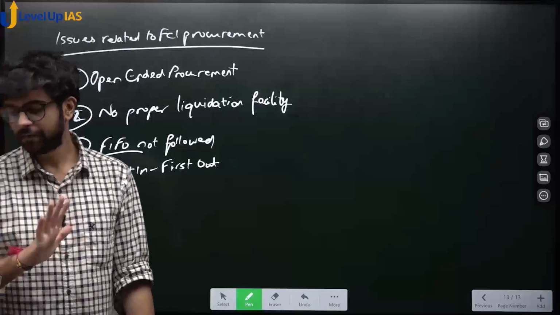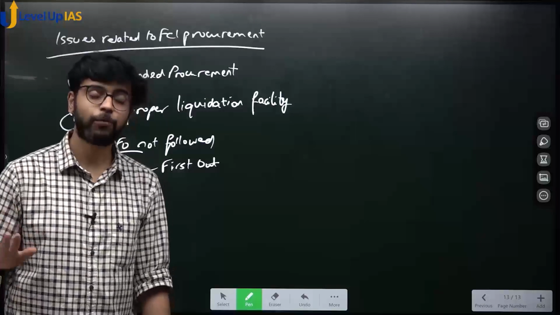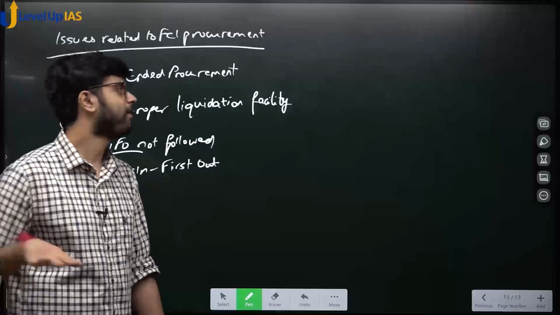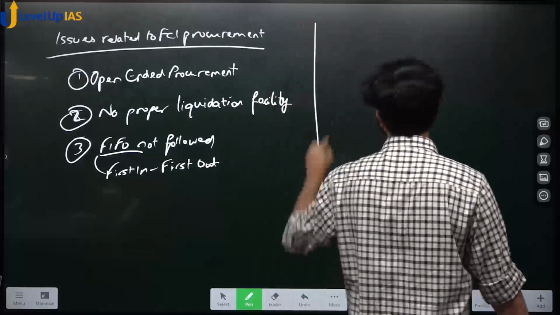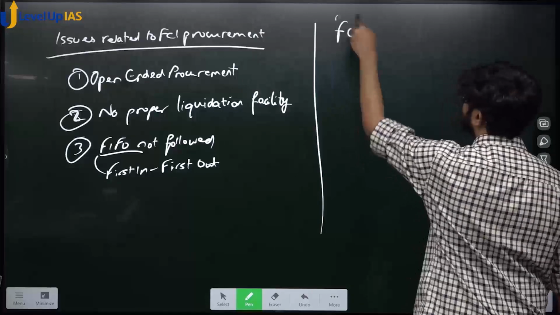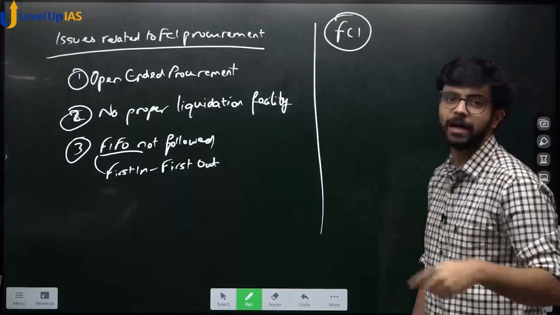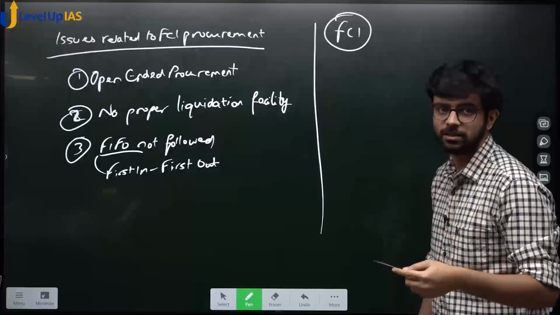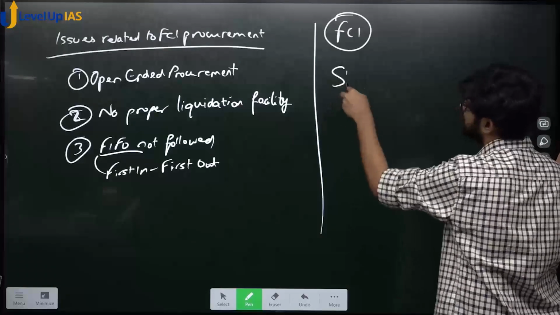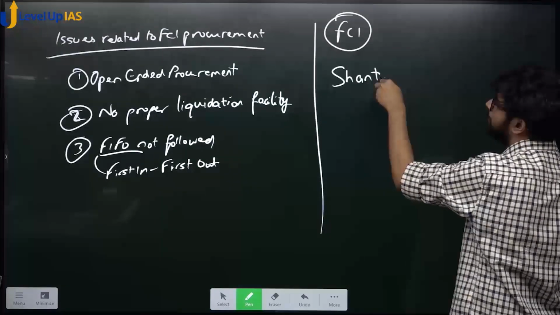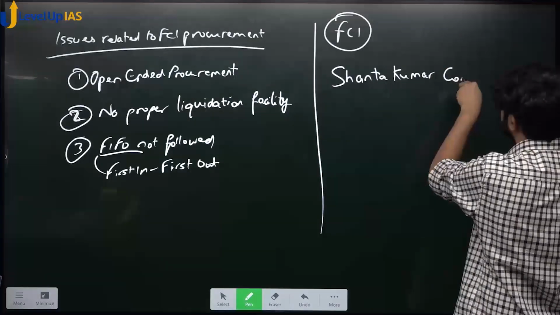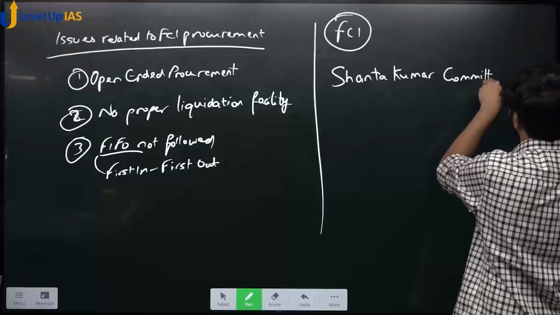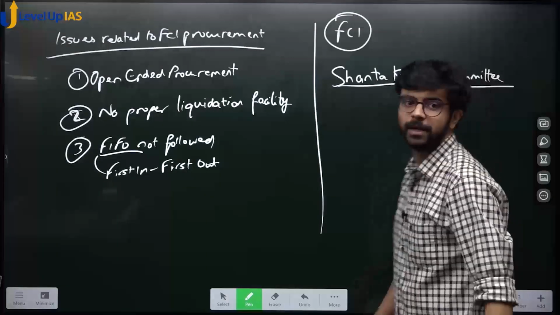One very important recommendation, to revamp FCI, the Food Corporation of India. One very important committee, you need to remember this: the Shanta Kumar committee.